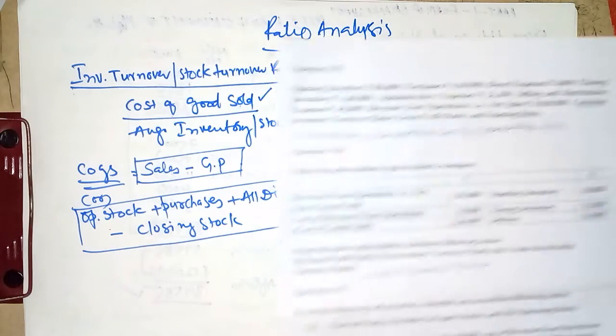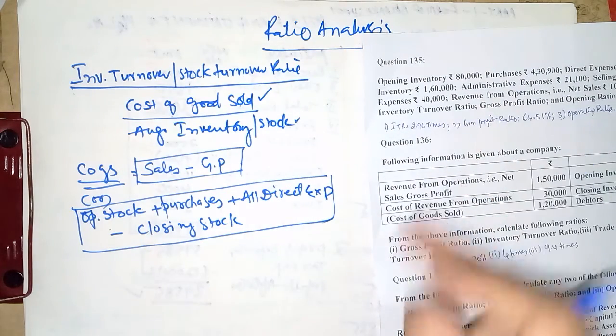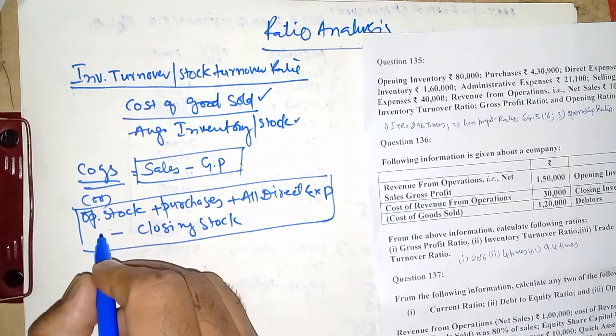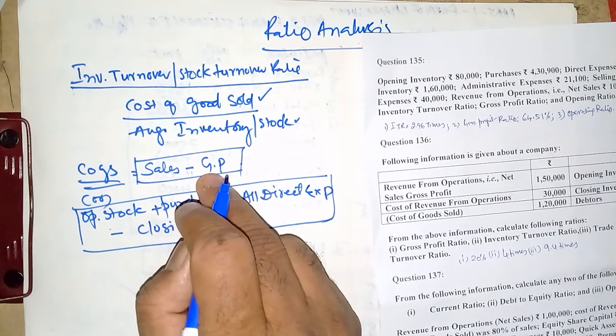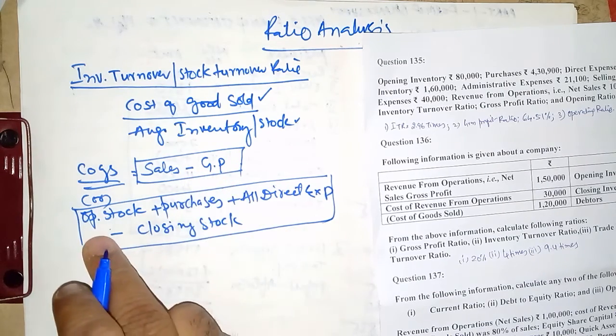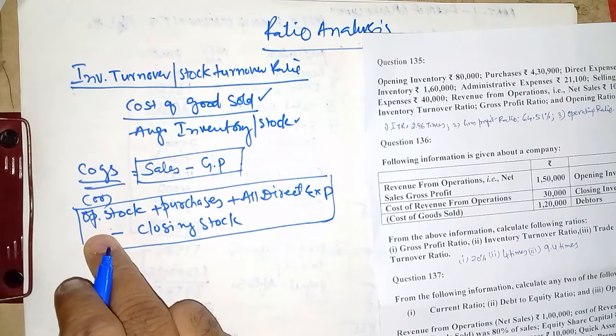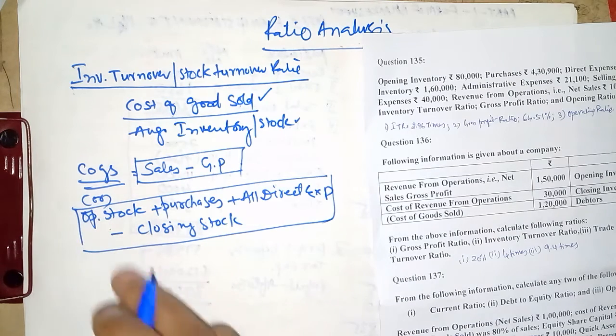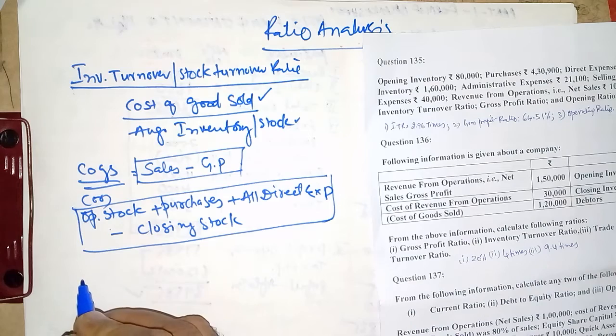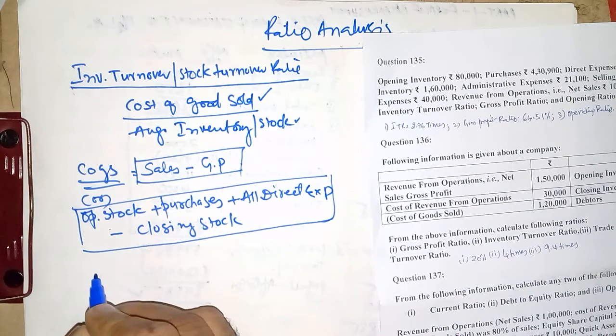So which formula can we adopt in this question? The second one, whereas we don't have gross profit. So we can calculate COGS by applying the second formula.